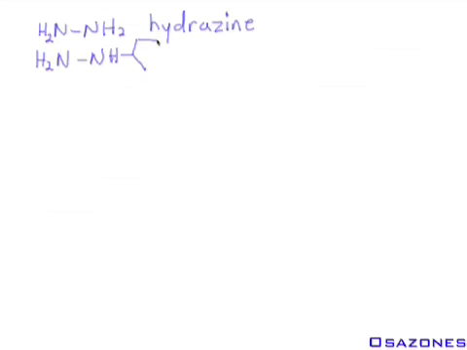Hydrazine is two NH2 groups bound together. This molecule is hydrazine. Now, if I take one of the H's off this molecule and attach a phenyl, I have the molecule phenylhydrazine.